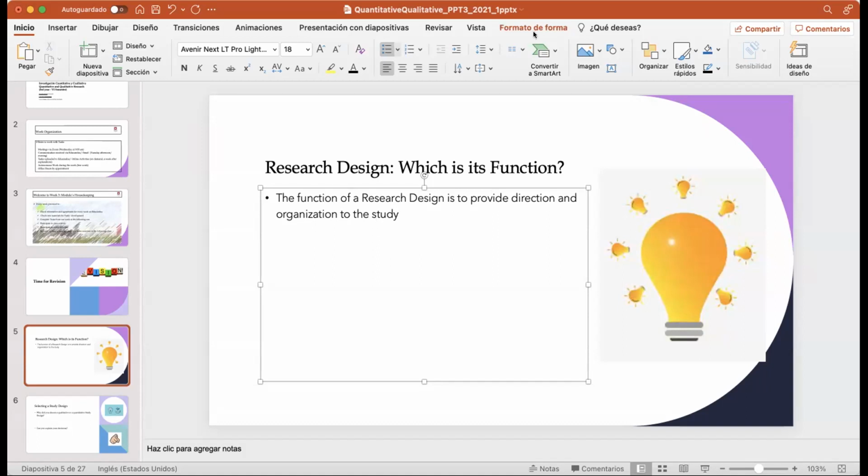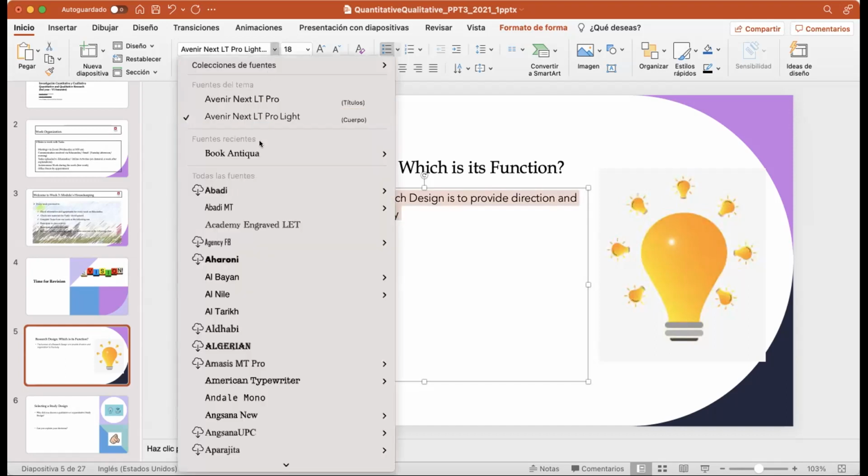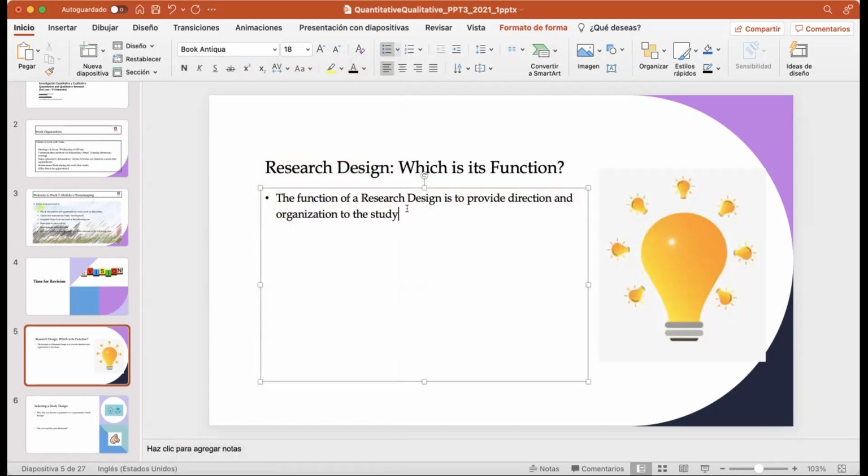And remember, we also need to act ethically, respect participants, respect the methods of data collection, so that we do not make mistakes or mislead the results of the study. So that's why we need direction, organization of the study, and research designs.